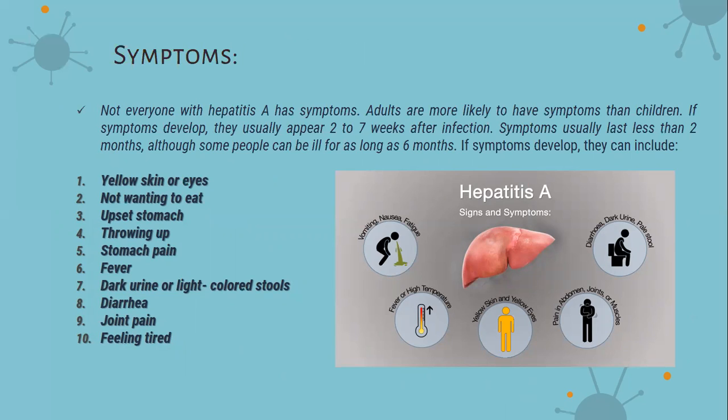So let's move to the symptoms of this hepatitis A. Not everyone with hepatitis A has symptoms. Sila yung mga tao na carrier but they are asymptomatic. So, adults are more likely to have symptoms than children. So, mas makikita talaga yung mga sign and symptoms sa mga adults.